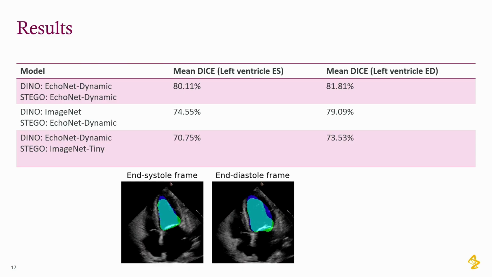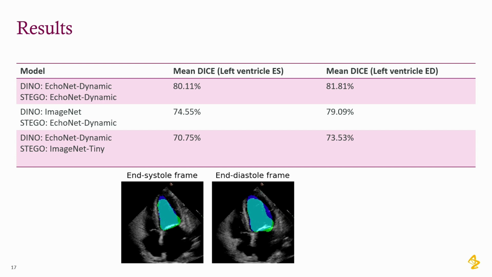As long as STEGO was trained in a self-supervised fashion on echocardiograms, we could get pretty good results with the DINO backbone trained on ImageNet. So we can do some form of transfer learning here as well. That also suggests that we could use the same kind of backbone model, to some extent at least, for several different modalities of medical images.